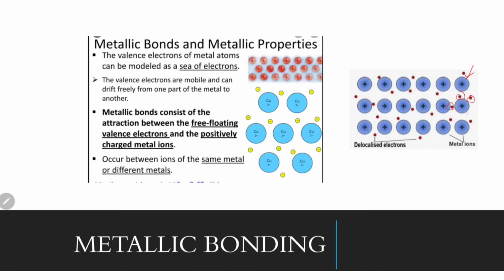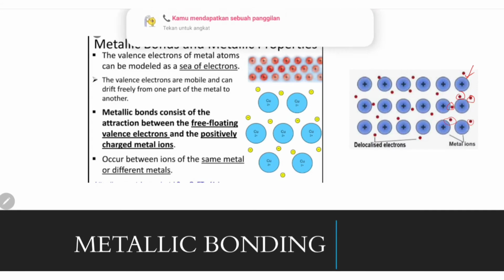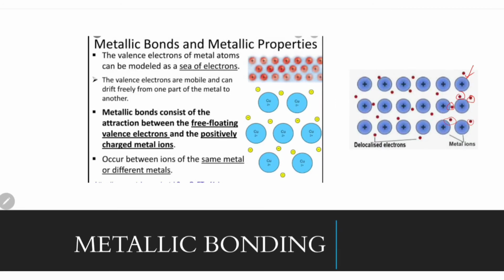The valence electrons create a sea of electrons. Then the positively charged ions of the metal atoms swim in the sea of electrons. There is strong attraction between the negatively charged electrons and the positively charged metal ions.